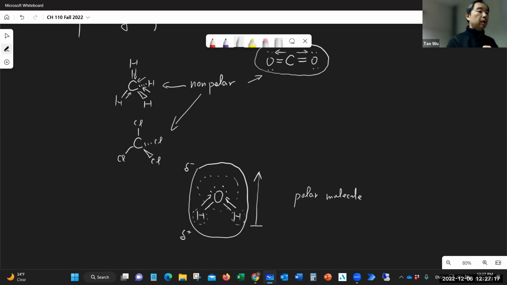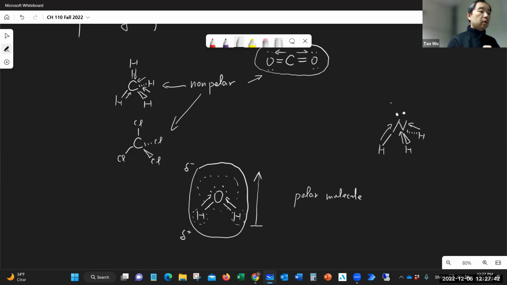And if you're talking about ammonia, it's doing the same, right? The geometry of the ammonia is something like that. This is the geometry of the ammonia. It has a lone pair on the top. You can see ammonia is pulling electrons to this side, this side, and this side.